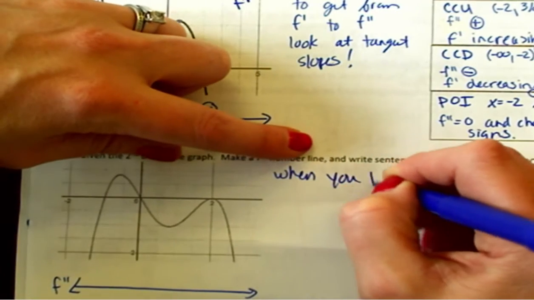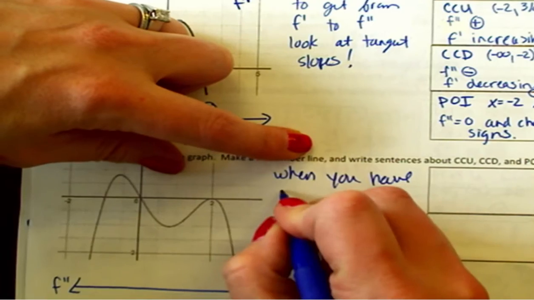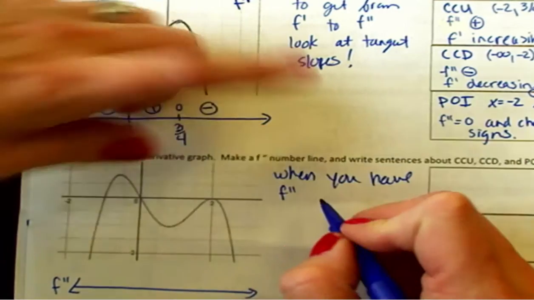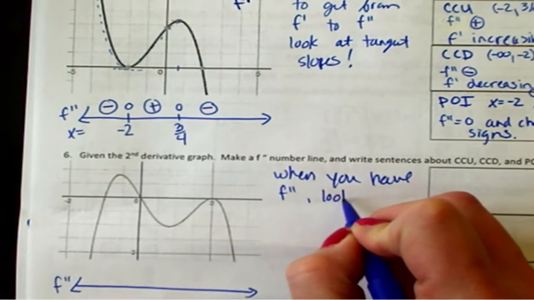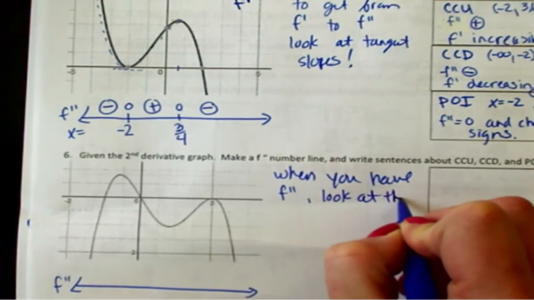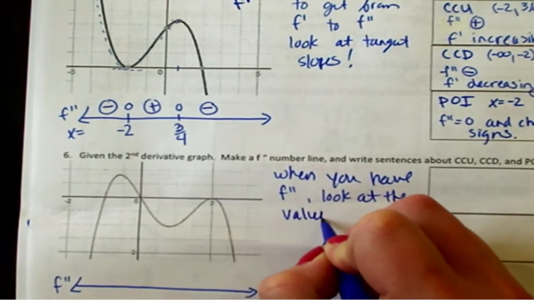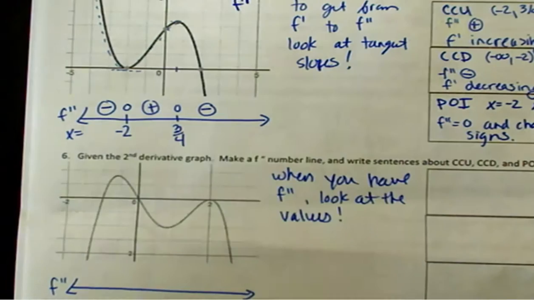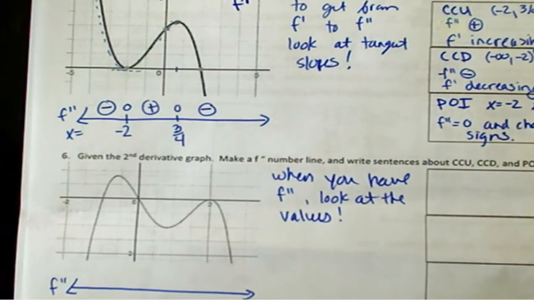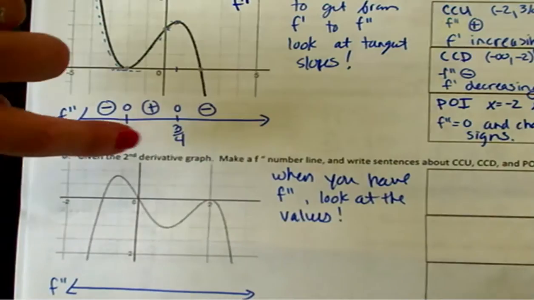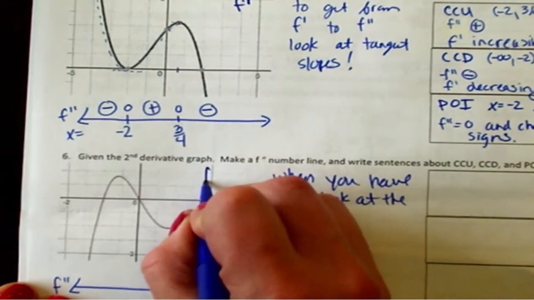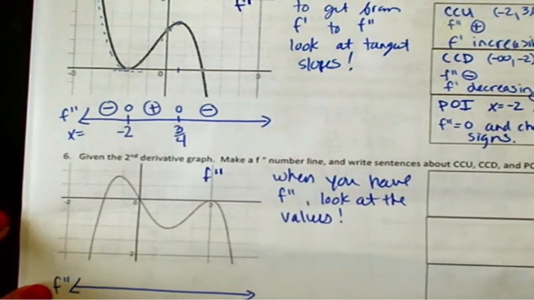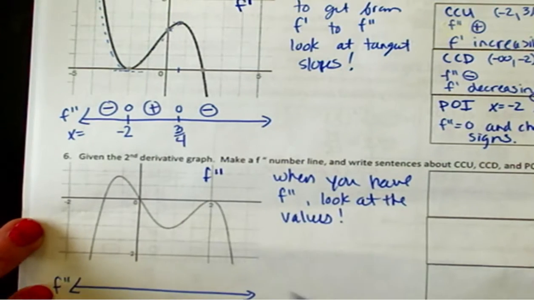When you have double prime, look at the values. I don't need slope to get from double prime to double prime. I have the second derivative graph and I want the second derivative number line.